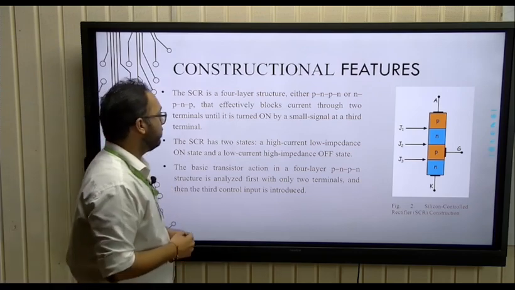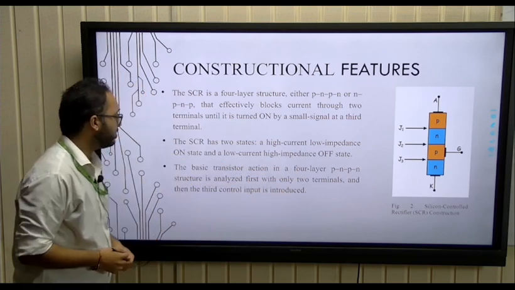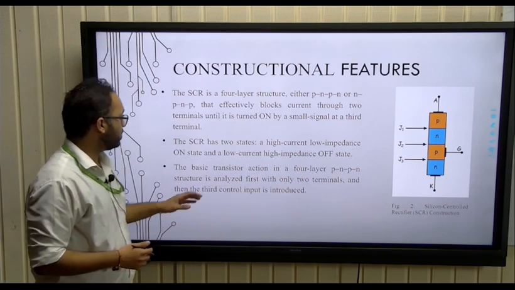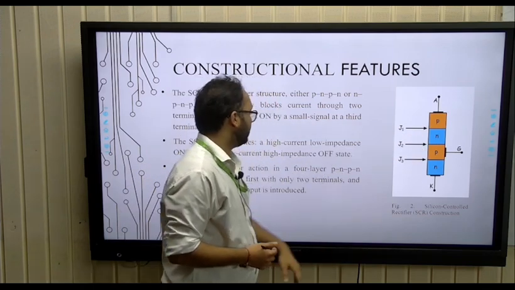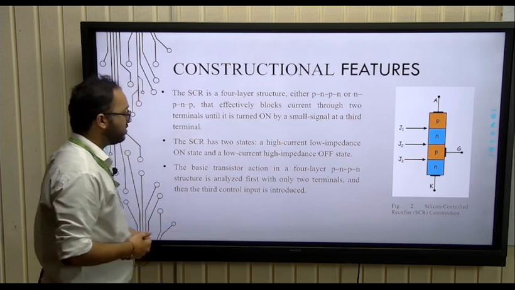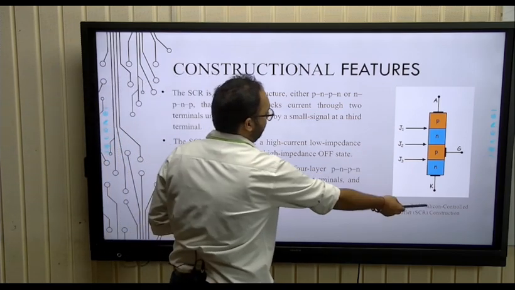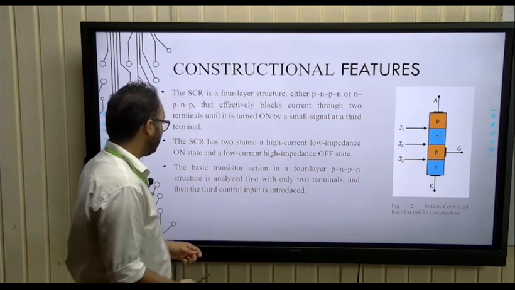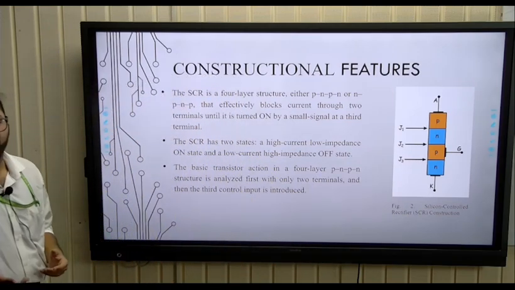That is why we say it has low impedance, and in the reverse case we say it has high impedance. The basic device has 4 layers, P, N, P, N, and it is analyzed with 2 terminals only, that is anode and cathode, and the third terminal is the control input. When we are controlling it, we use the gate to control it.